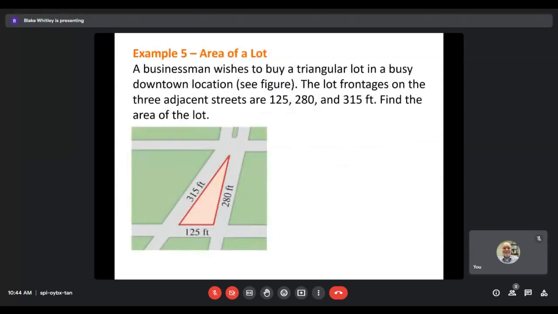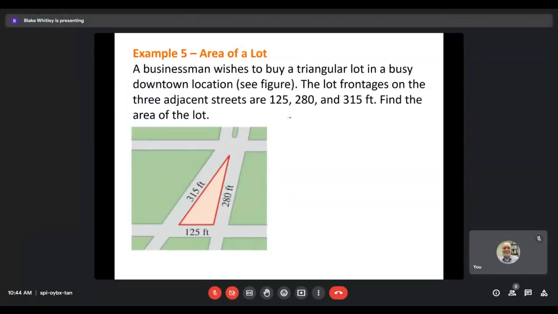All right, so a businessman wishes to buy a triangular lot in a busy downtown location. The lot frontages on the three adjacent streets are 125, 280, and 315 feet. We want to find the area of that lot. So first thing we're going to have to do is find that semi-perimeter.